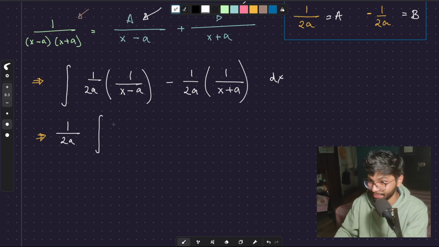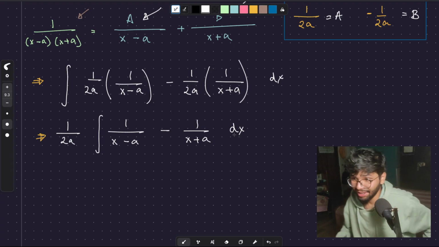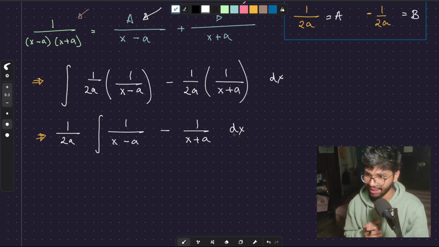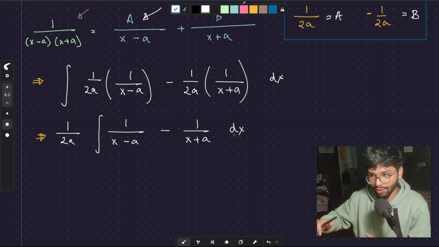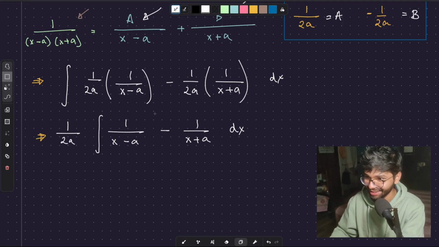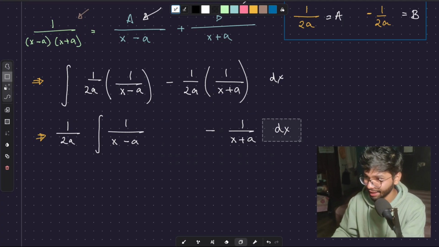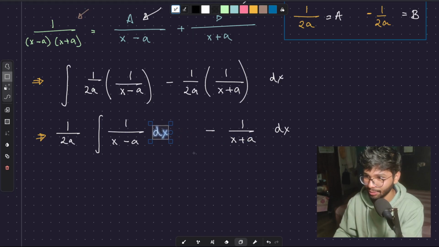So inside the integral, we have 1 over x minus a minus 1 over x plus a, dx. All right, so we can separate these as well. Thanks, integral rules. Thank you for being able to copy and paste.